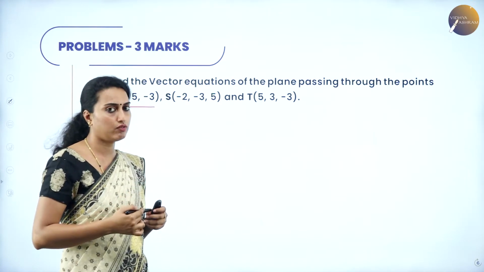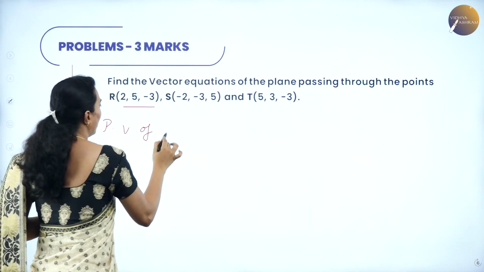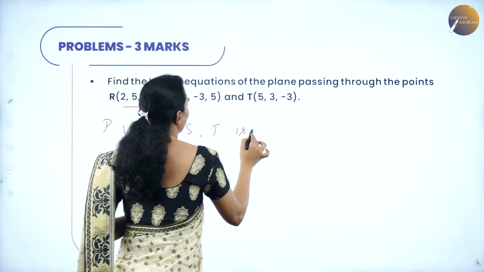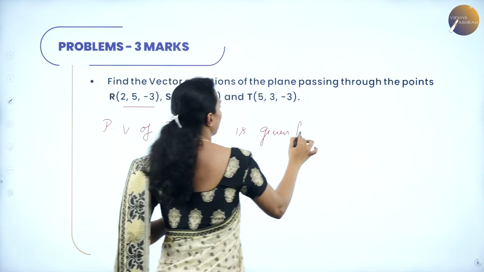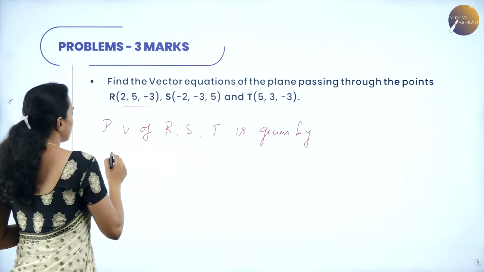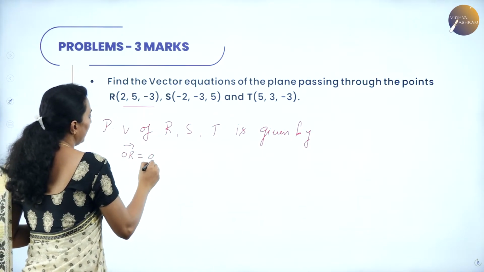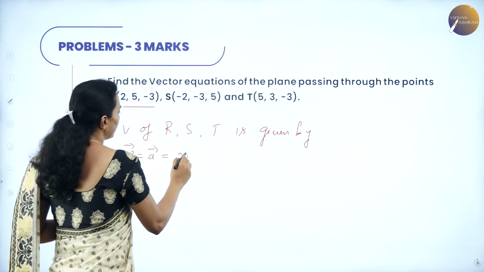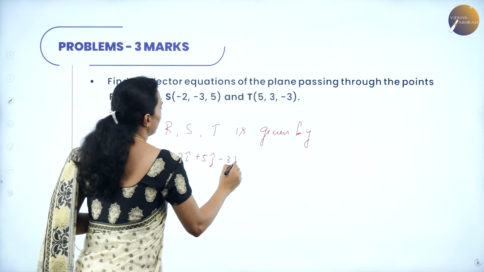So, what are the position vectors? Position vectors of R, S and T are given by OR vector, which is the A vector, nothing but 2i plus 5j minus 3k.